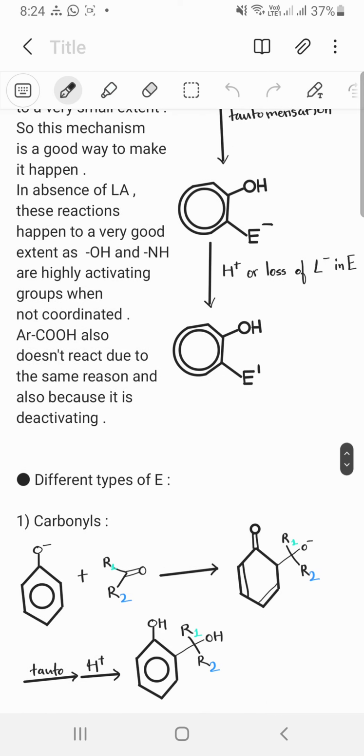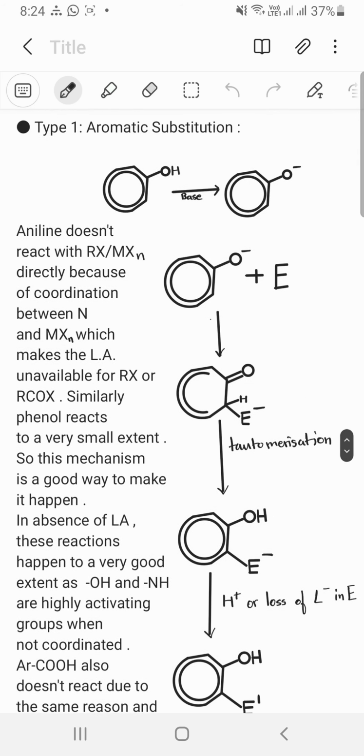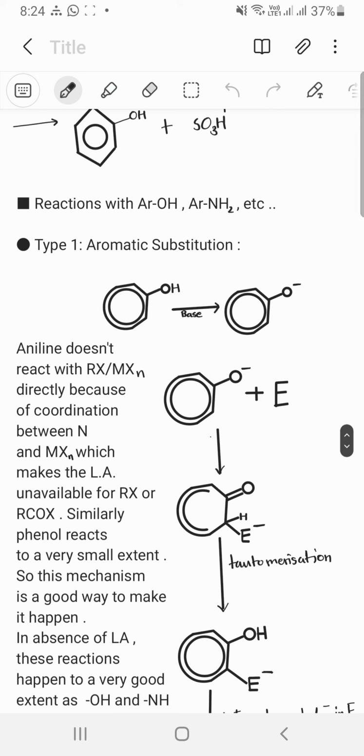By the way, if you put a lot of catalyst, even more than the phenol content, then what could happen is Fries rearrangement. Or you could first acylate on the oxygen and then add the catalyst. That will also work.